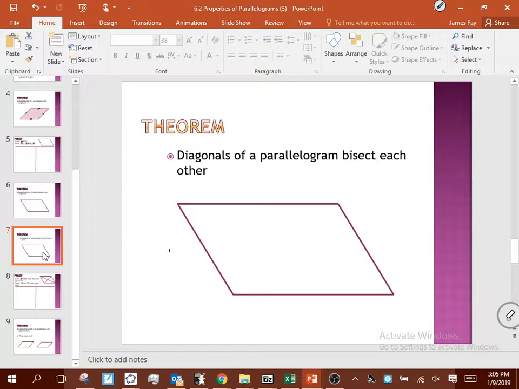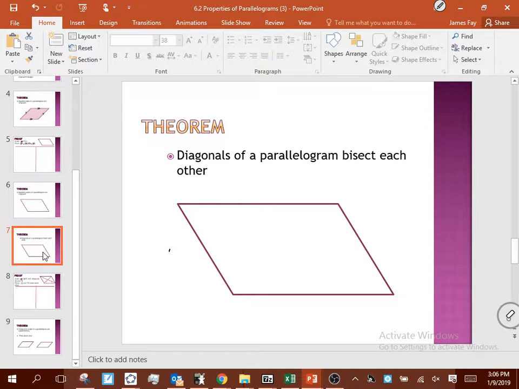They can be, but in a general parallelogram, we know nothing about their total lengths, but we do know something about the relationship between them as being bisecting one another. Okay?